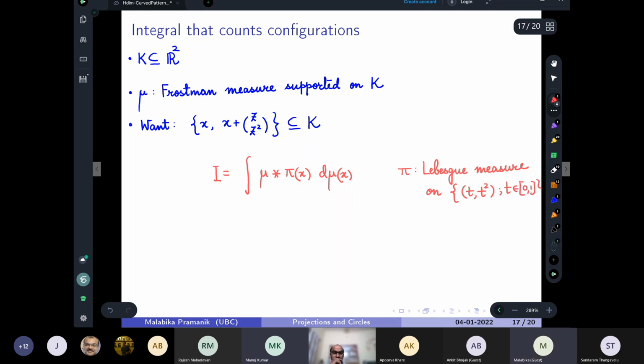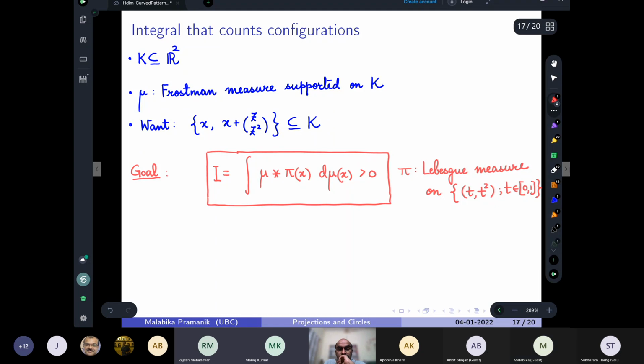Okay. So the goal is to show that this configuration integral I is positive. And I'll explain why this does the job.